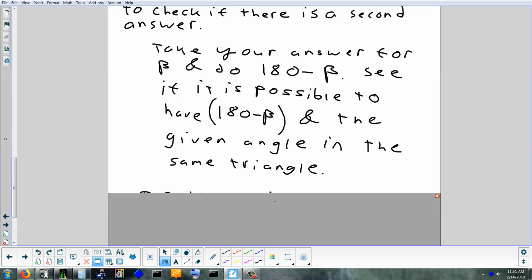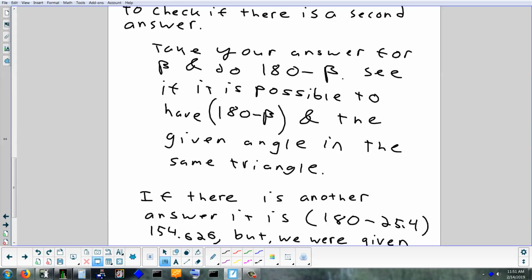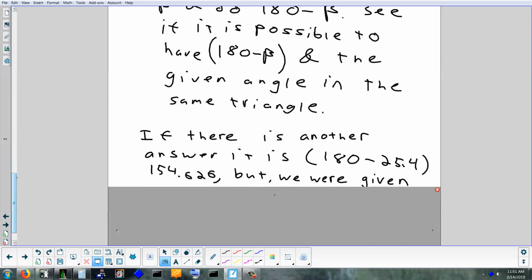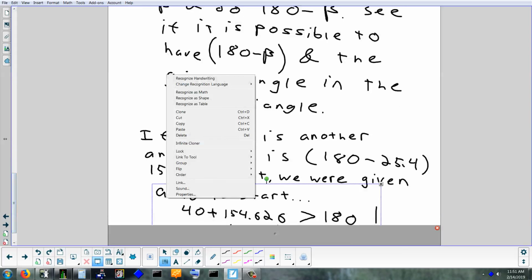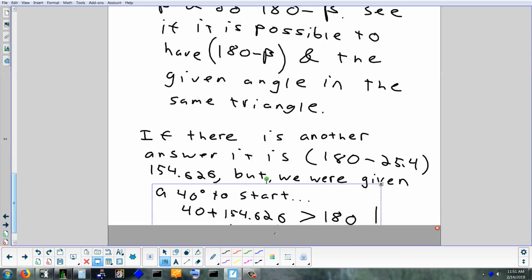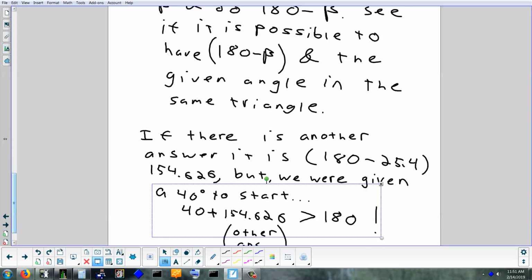So that's how you get the second answer, 180 minus 25.4. If you add what you had to start and the possible second answer, it's greater than 180. It's too big. So the other answer is too big.